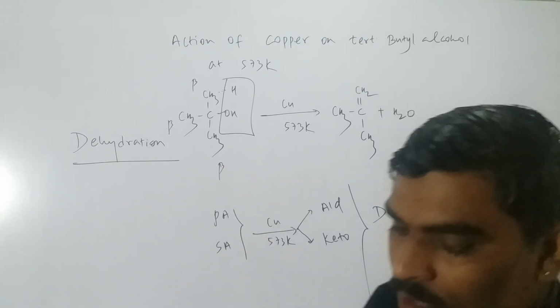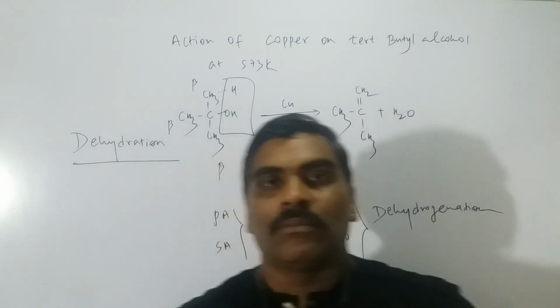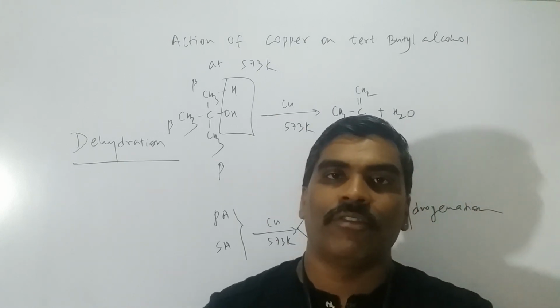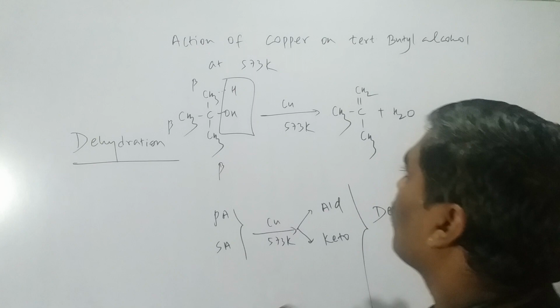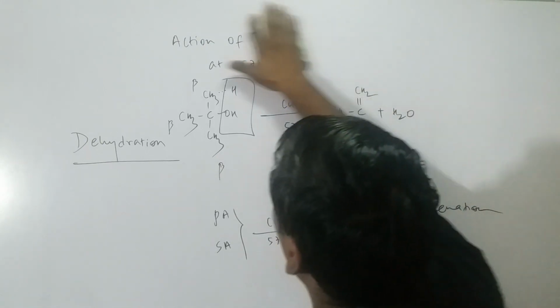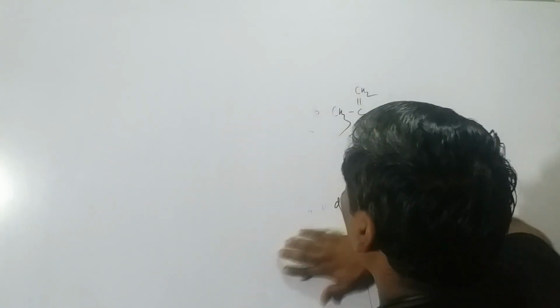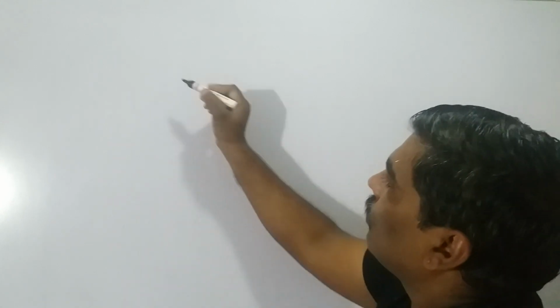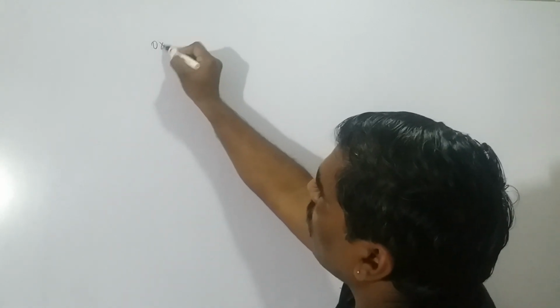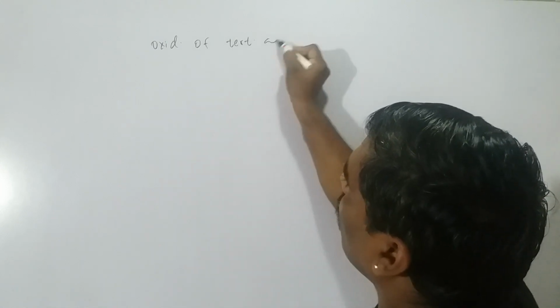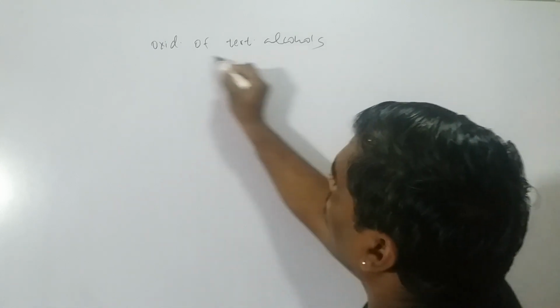Okay. Now the last topic, that is oxidation of tertiary alcohols. They can be oxidized, but using a strong oxidizing agent. So we'll write here, oxidation of tertiary alcohols.